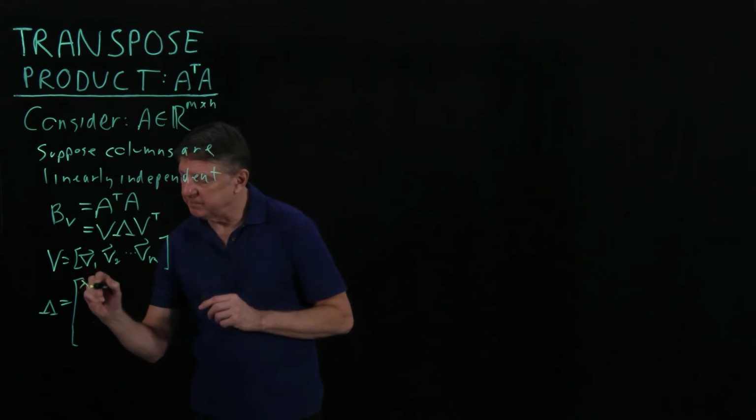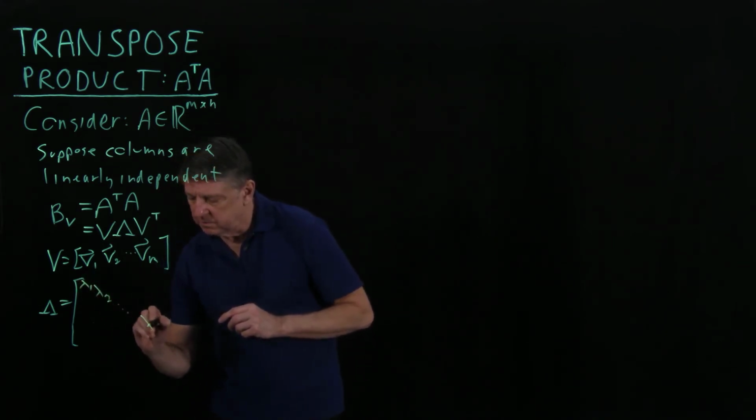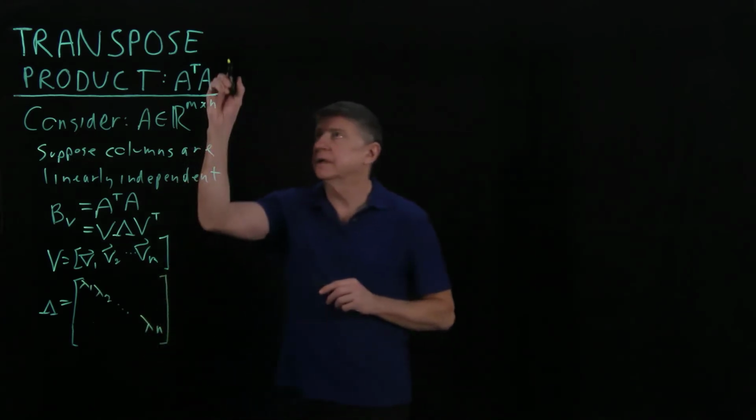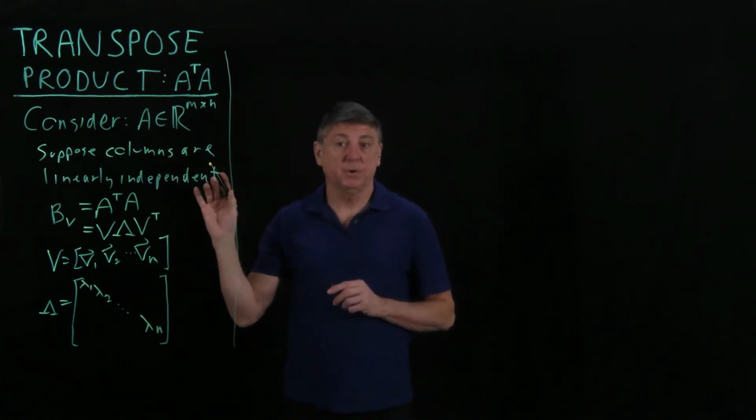So this will be lambda 1, lambda 2, and so on until we've written all of the eigenvalues that are in the matrix.